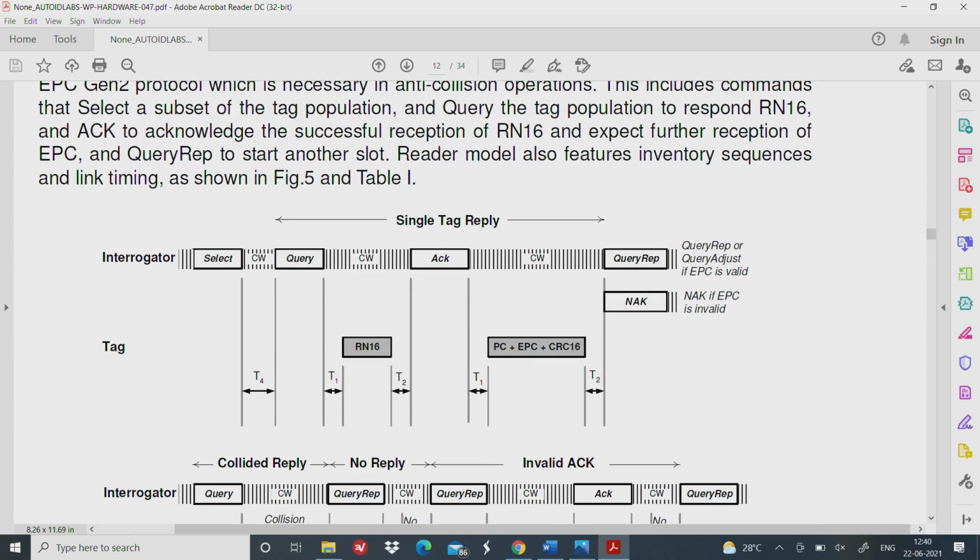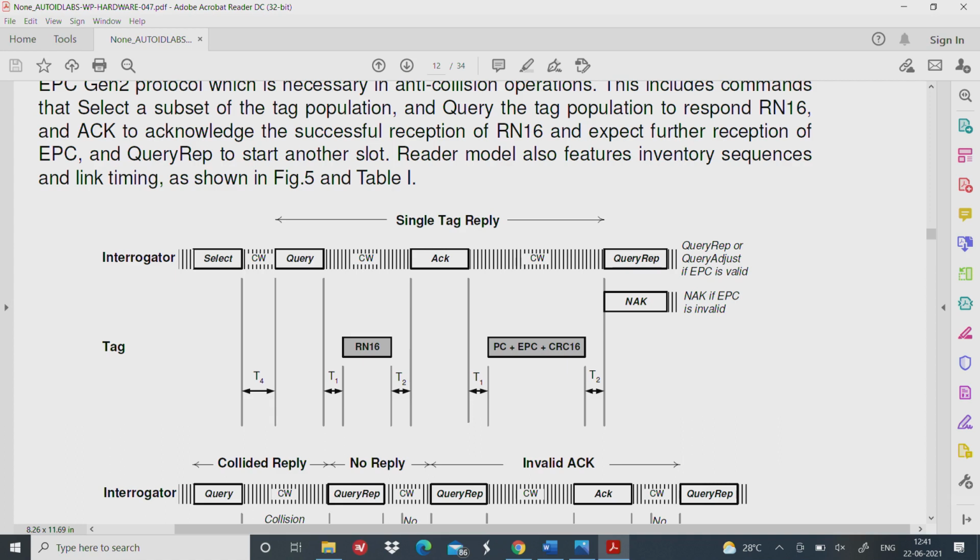The interrogator gives a select followed by continuous wave, then a query command. Basically it starts with a continuous wave, then a select command selecting a subset of the population of tags, then gives a continuous wave, and then a query command with all the related information, Q information and so on.